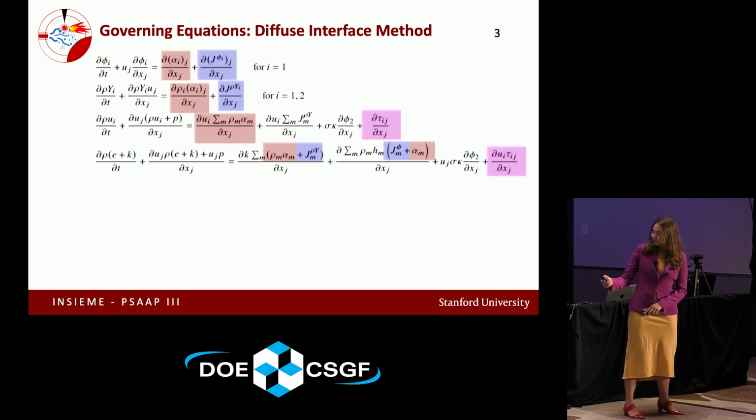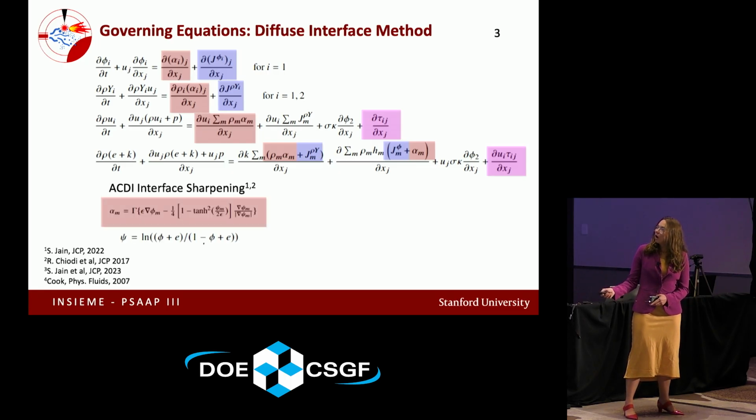The governing equations for this kind of method consist of, or one variant is to have a volume fraction equation, where it has the volume fraction of the gas and the liquid, mass, momentum, and energy equations. But what I really want to get across is these additional terms highlighted in red and blue. The ones here in red are interface sharpening terms.